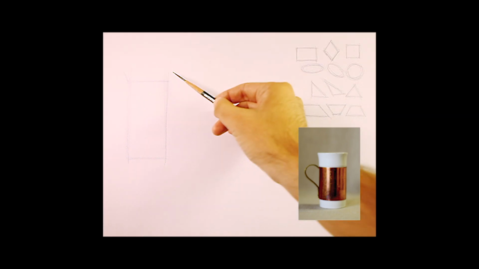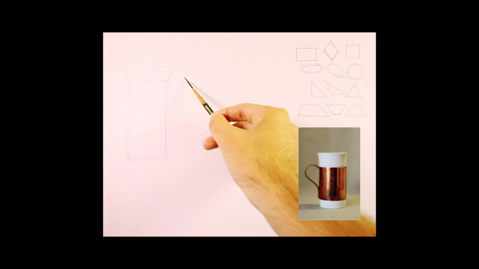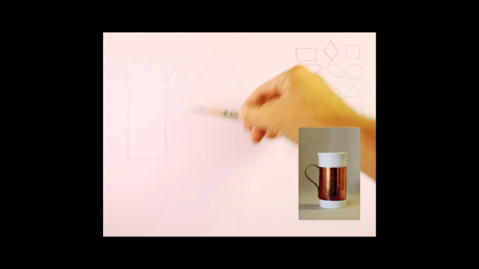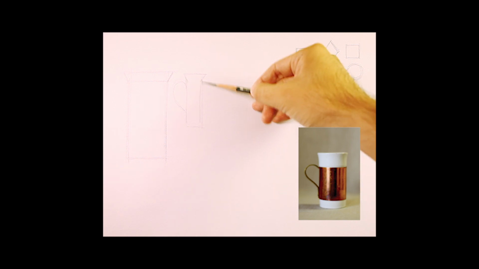Now the opening, we can see there's a trapezoid. We are looking at things really simply, isn't it? Instead of just drawing from the top, okay, this is my cup right here, and this is how it looks. Somebody might draw this without any idea what they are looking at.